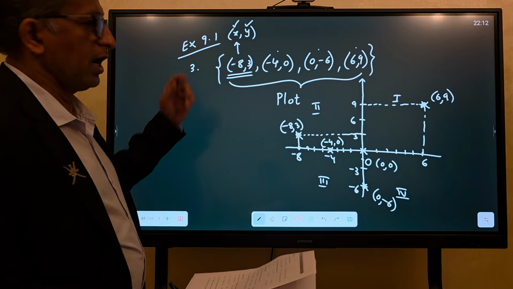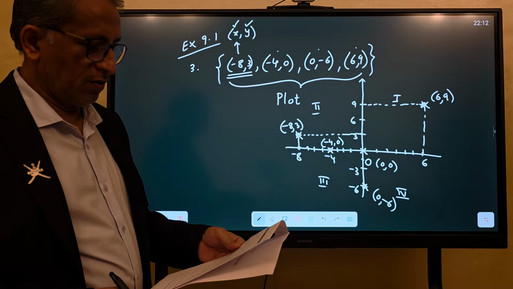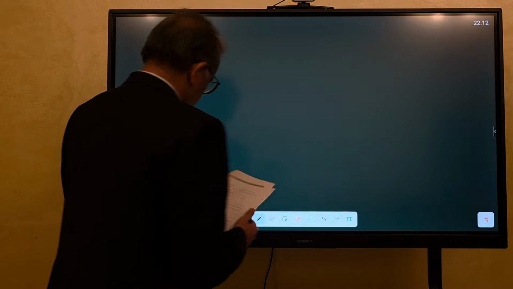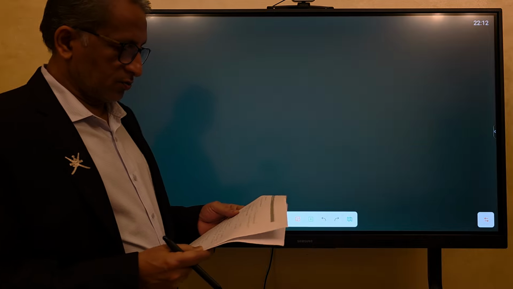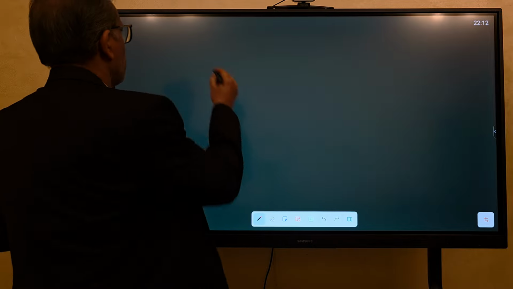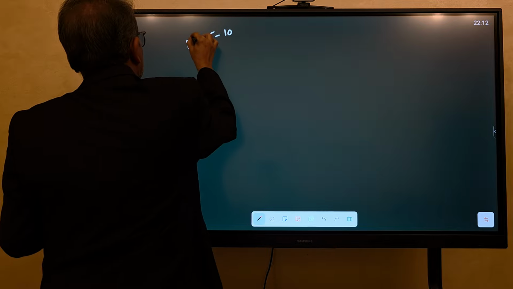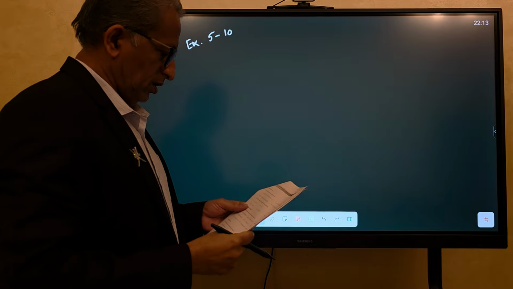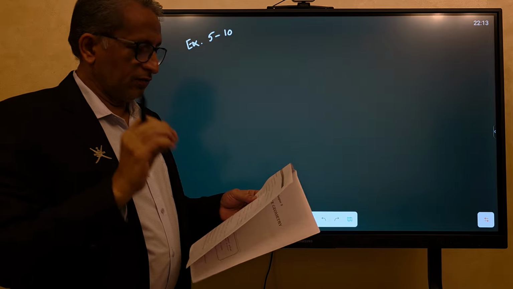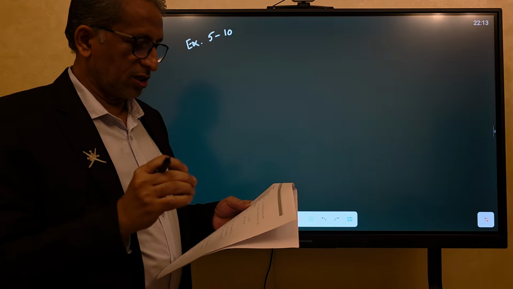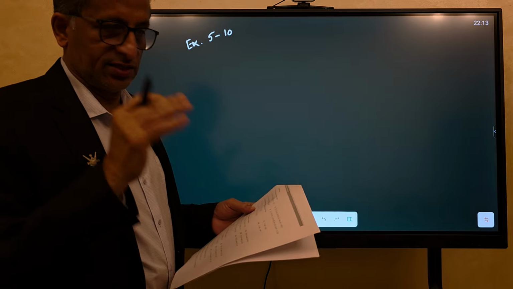Out of 4, I have done question number 1. Coming to the next set of questions, question number 5 to 10. In these, you are given a point and you are going to state the quadrant in which that point lies.